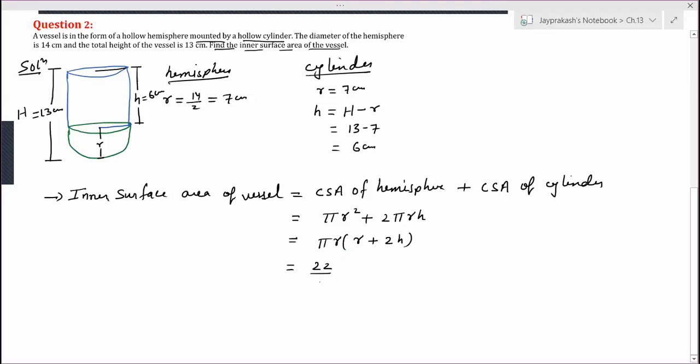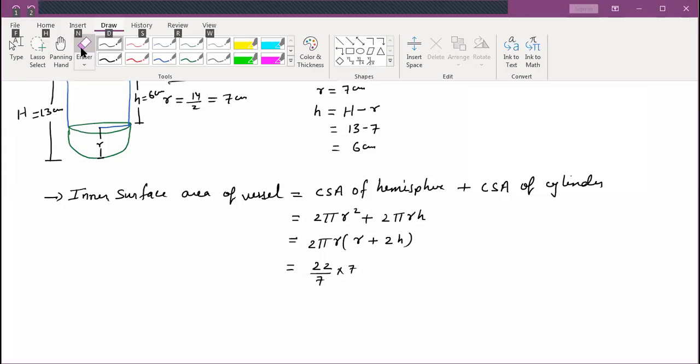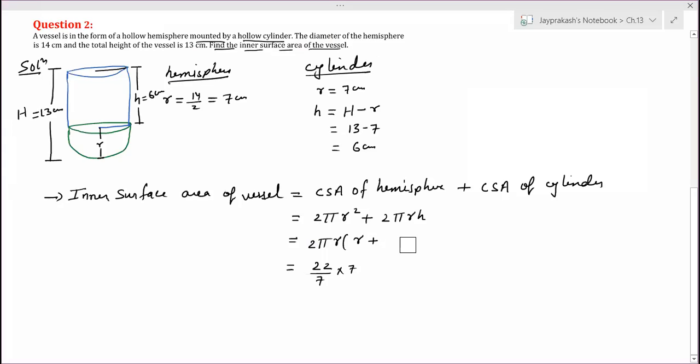Pi is 22 by 7. Sir, CSA of hemisphere is 2 pi r square, so we are taking 2 pi r common. Then the remaining part is r plus h.